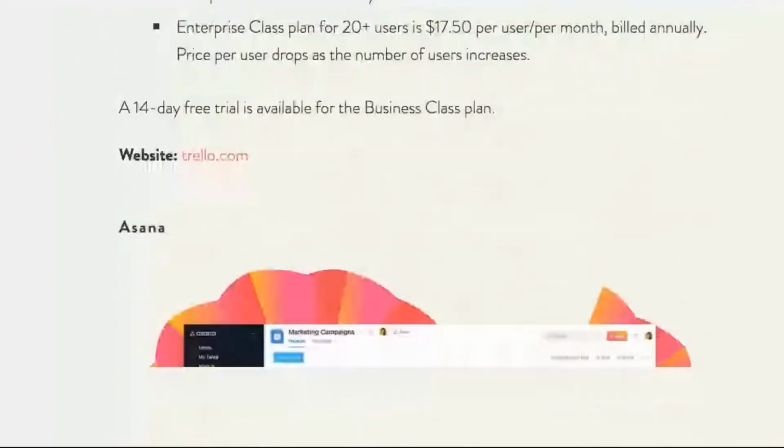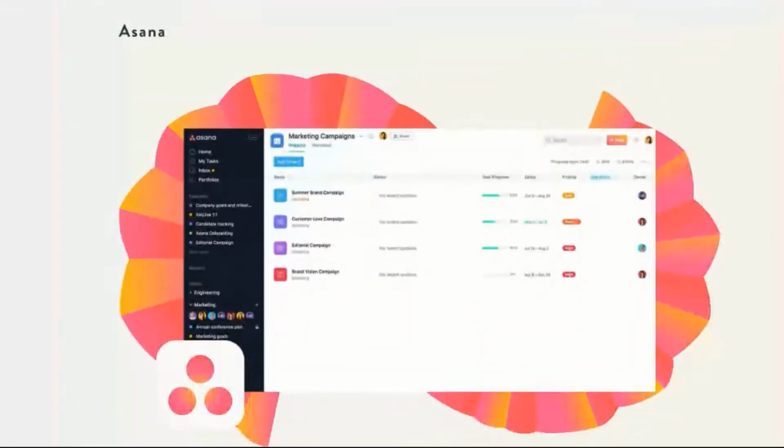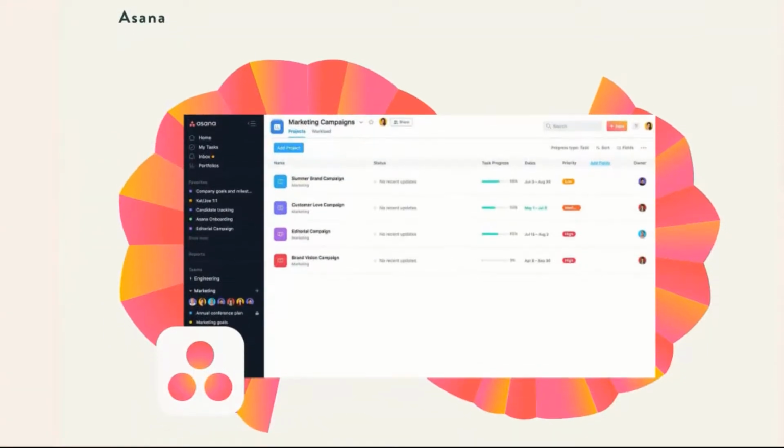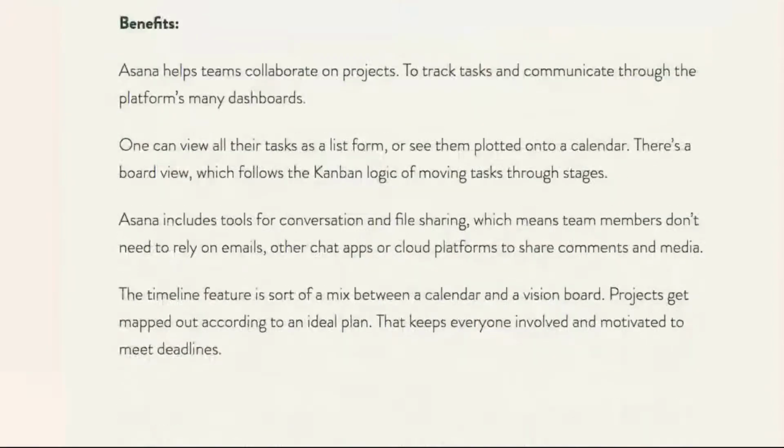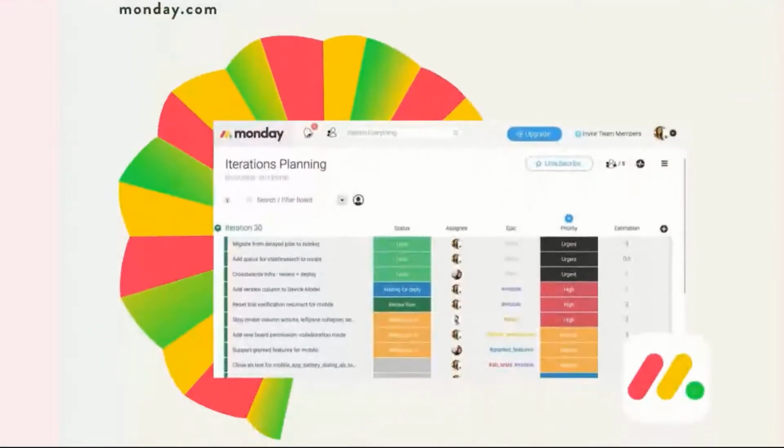And it's very visual. Asana is also a very good one. I quite enjoy using Asana. There's a built-in messenger app, and a built-in app in the mobile app as well, so you're always connected.